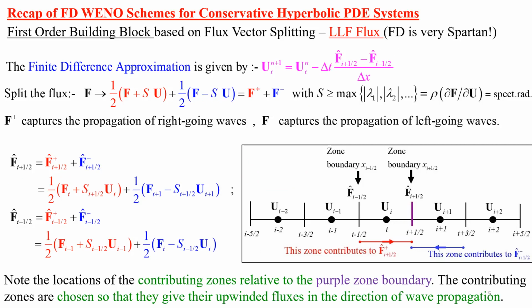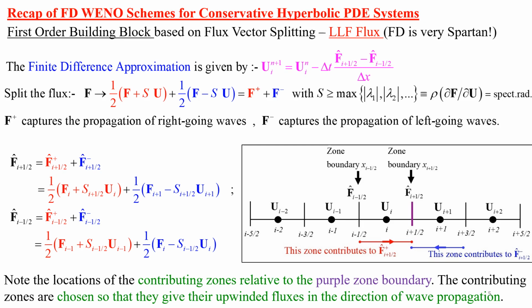So with that, let's go ahead and do a quick review of the pre-existing finite difference WENO schemes for conservative hyperbolic partial differential equation systems. It's important to realize that a finite difference approximation is very Spartan, in the sense that all you have is the point values, and from those point values, you have to make up your entire scheme. So what would you have if you had a finite difference approximation and a certain flux?